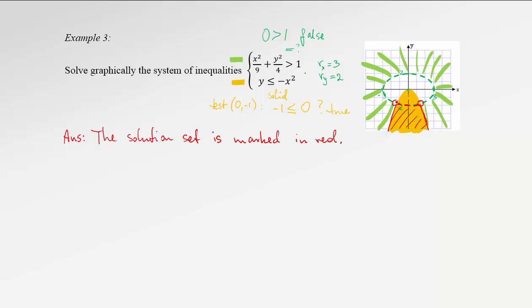So the red shape is solid line here, dashed line over there, solid line over there. The corners are excluded and everything what's inside. Let's mark it more clearly what's inside, everything what's here.